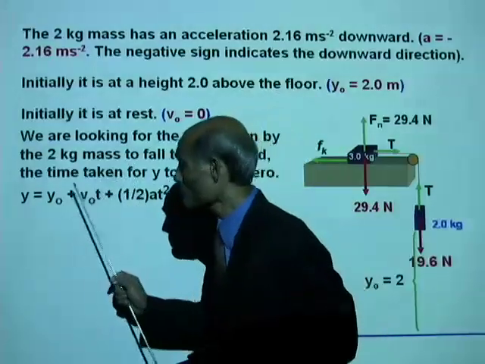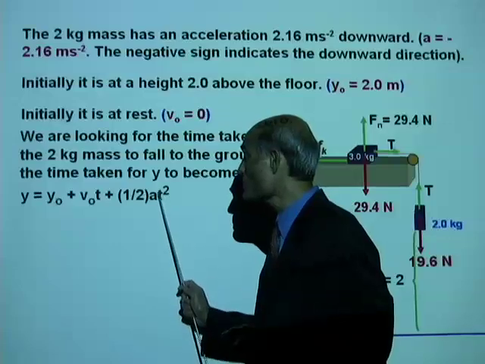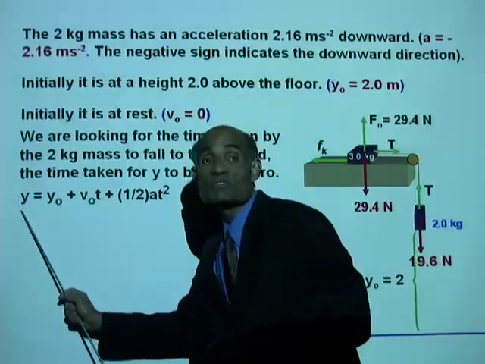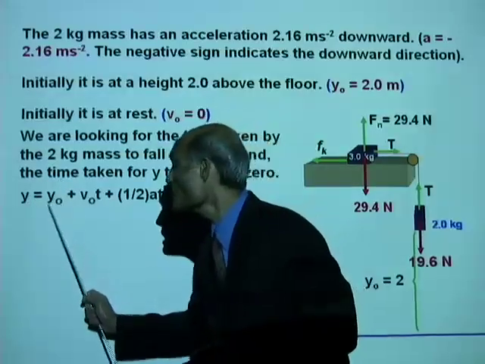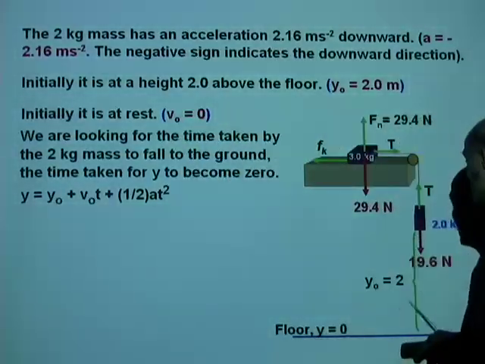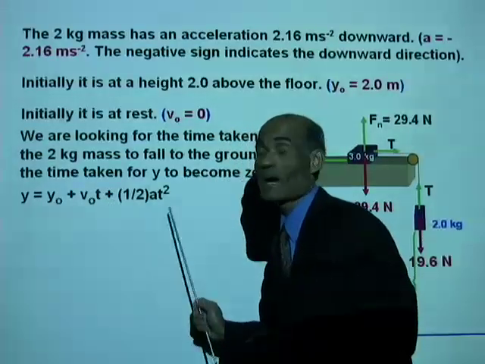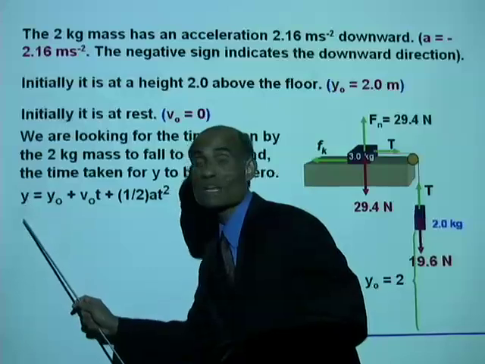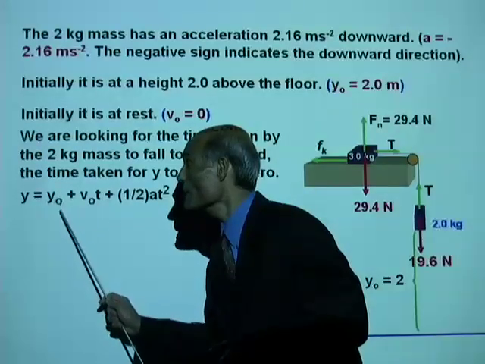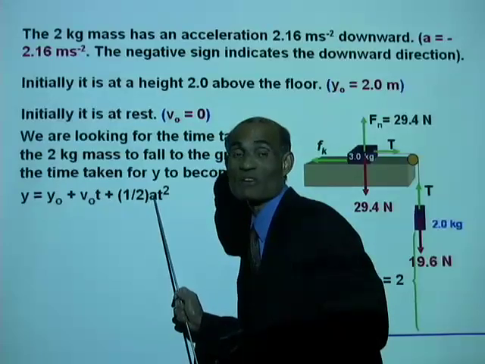Now here we need to find the value of t when this y becomes 0. And you know y0 is 2 meter, v0 is 0, and so all you need to do is set this y equal to 0, replace y0 by 2, and use the value of a.